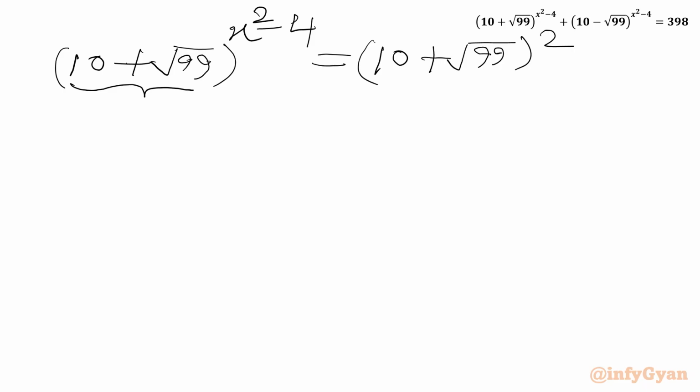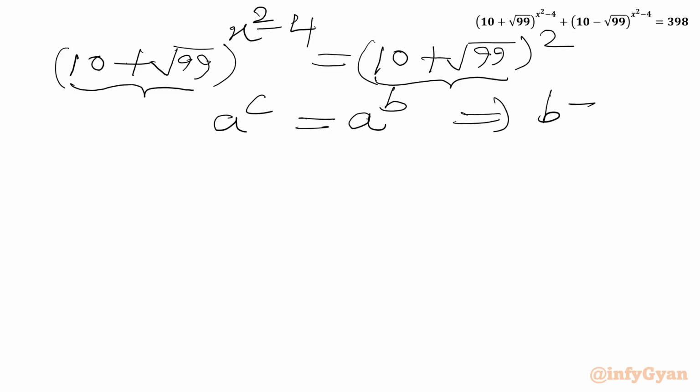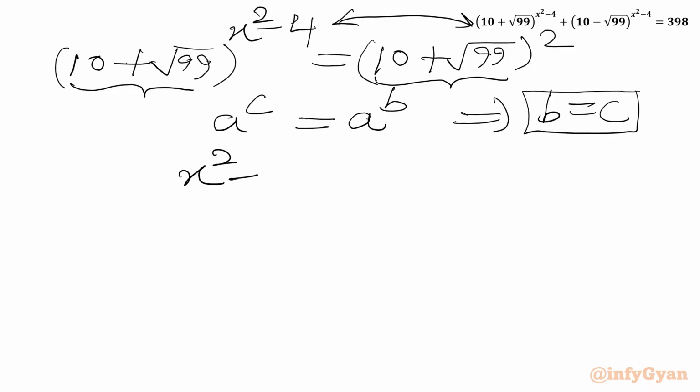Now we know that for two exponents where bases are same, a power c, if this is equal to a power b, from here we can equate b with c. So I can compare these two powers. We will write here x square minus 4 equal to 2.